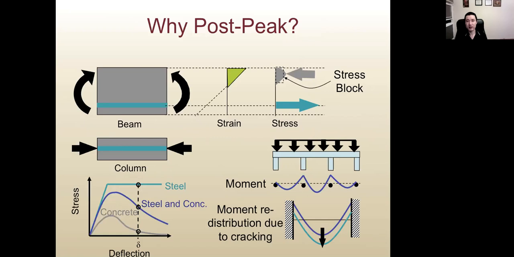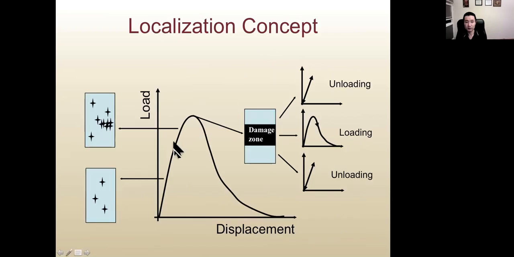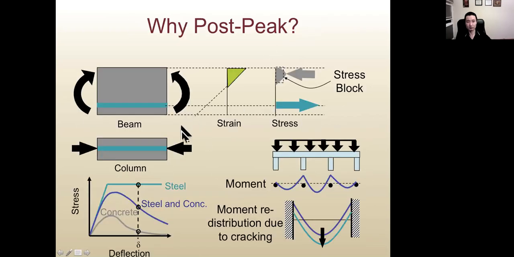So the post-peak behavior, or the behavior of concrete after the peak load, is very important. Because in most reinforced concrete, we have steel rebar and concrete. For example, in this reinforced concrete beam, the rebar is here. If the beam is under bending moment, here is the stress level.